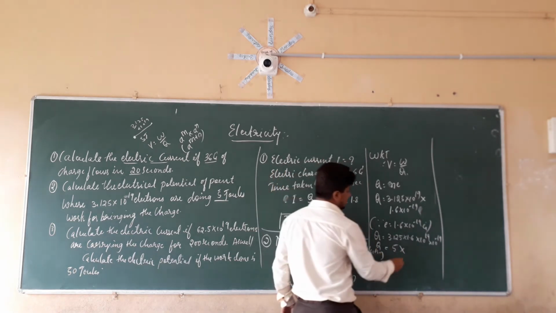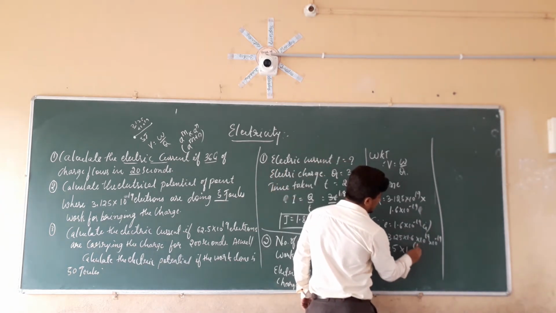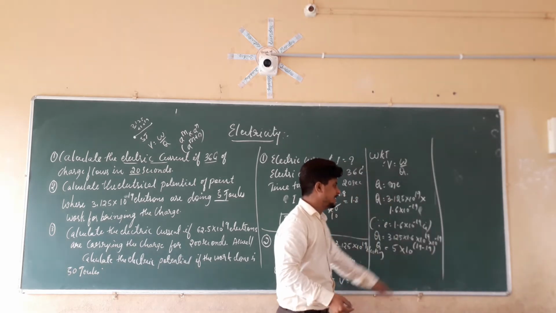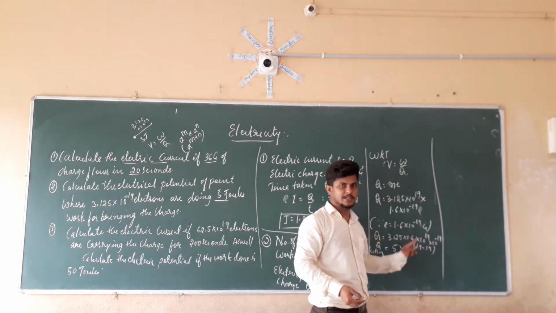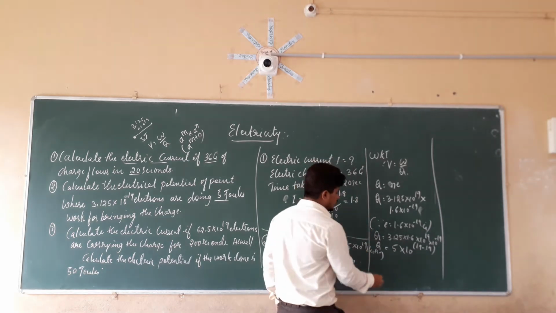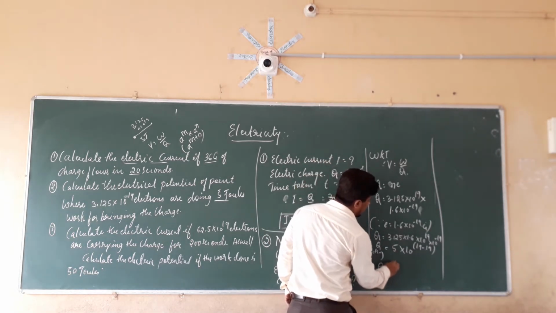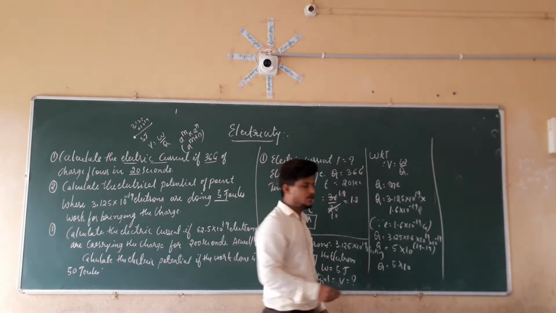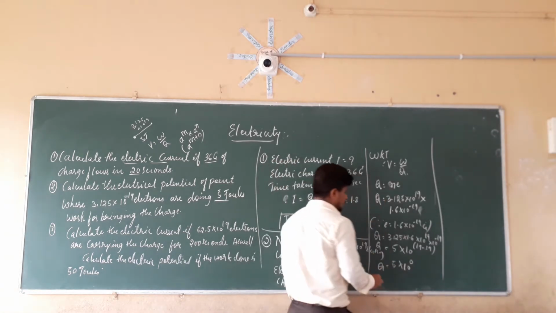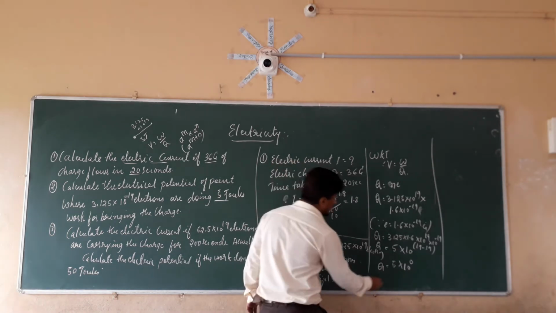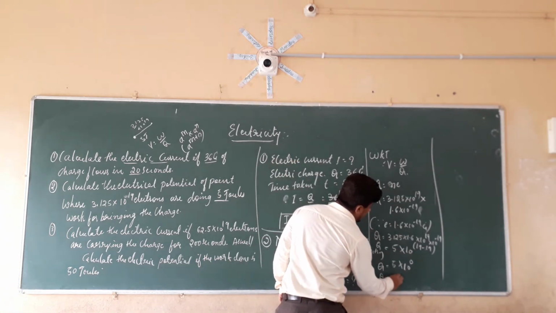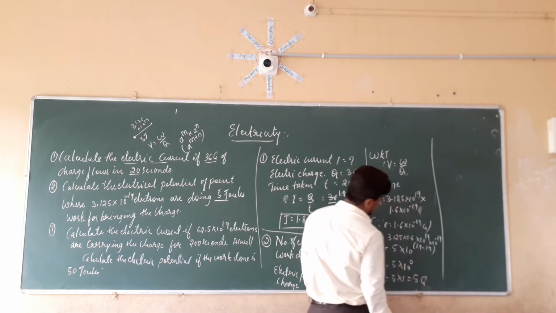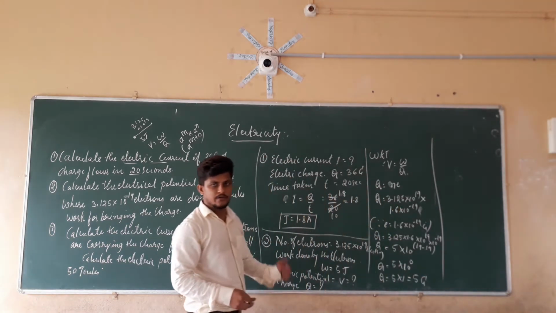Since N is a negative value, I will take it as minus. So Q equals 5 into 10 raised to 19 minus 19, which is 0. So 10 raised to 0, therefore Q equals 5 into 1, which is 5 coulombs.